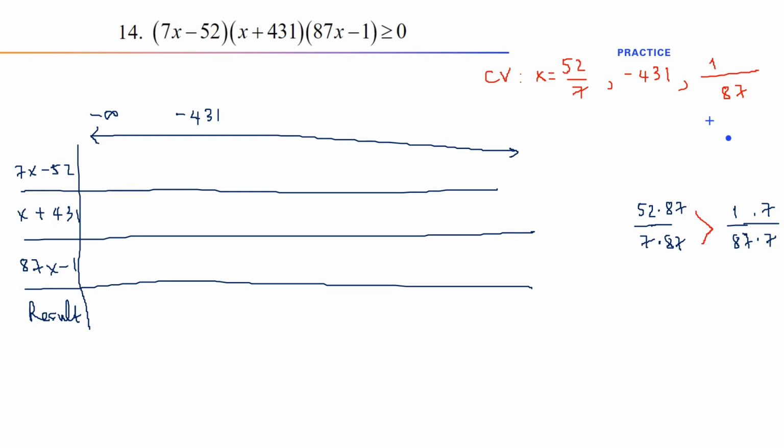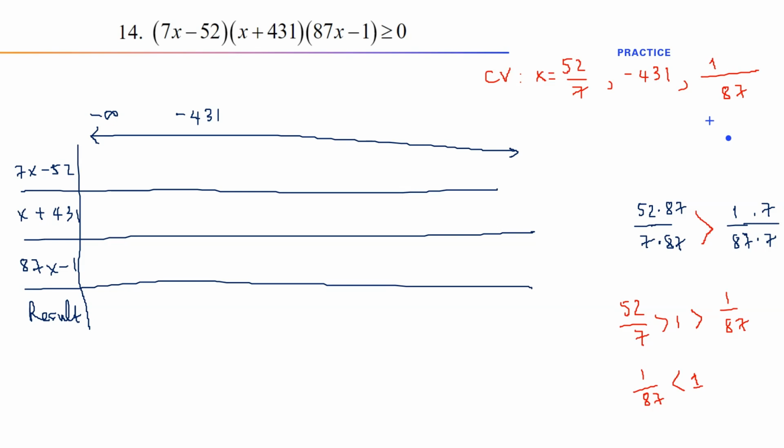Or you can use the fact that 52 is greater than 7. So 52 over 7 is greater than 1. And we have that 1 over 87, 1 is less than 87, so that fraction is less than 1. So it means 1 over 87 is the smaller one. Now this one is called comparing to a third number in between them, right?